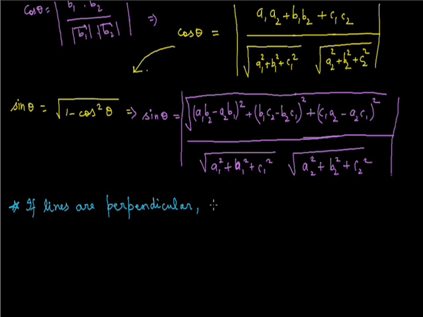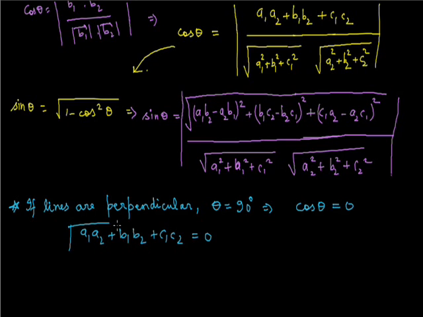When the lines are perpendicular, then the angle between them, theta, will be equal to 90 degrees. And if theta equals 90 degrees, then cos theta will be equal to 0. We know that cos theta is equal to this. So if we put cos theta equal to 0, then we will get that the numerator, that is a1 a2 plus b1 b2 plus c1 c2, will be equal to 0.